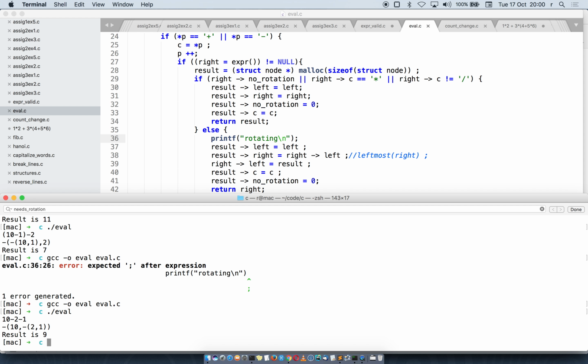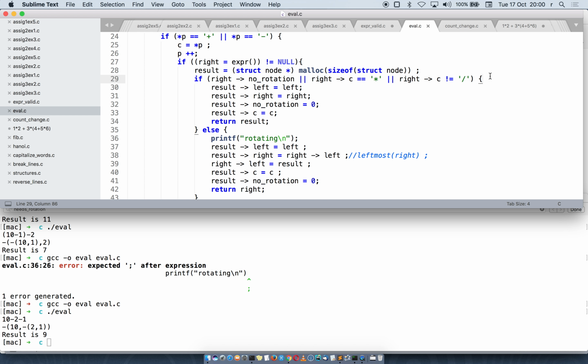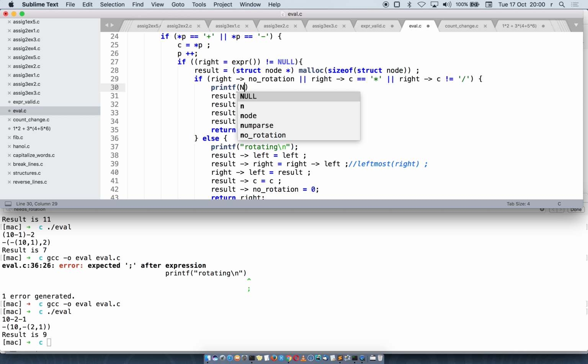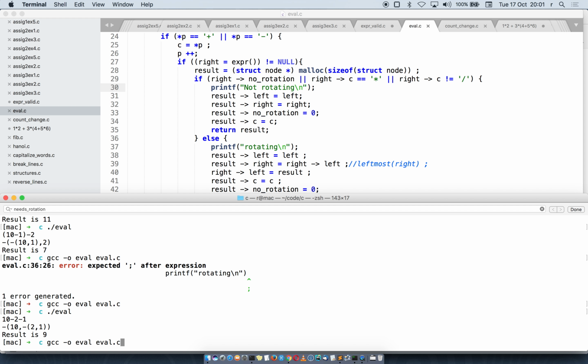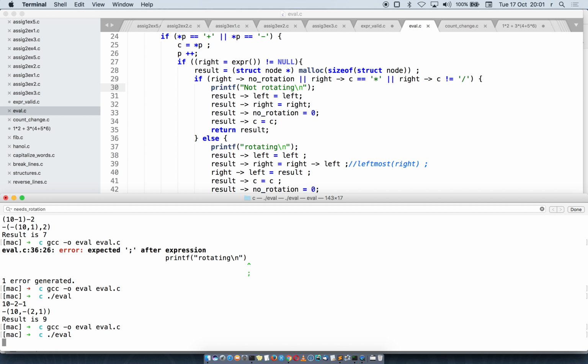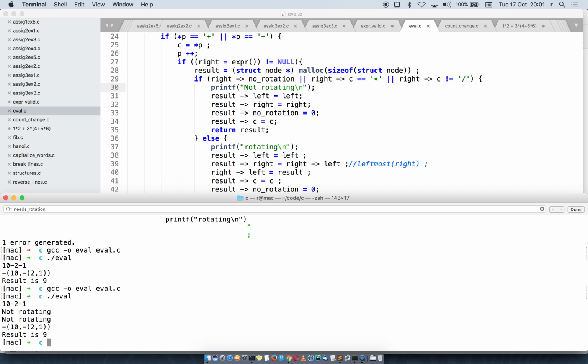So it didn't rotate. Why didn't it rotate?